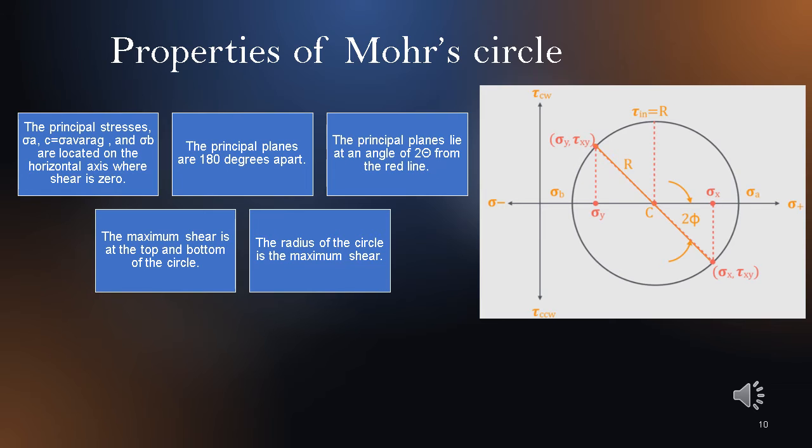We can observe it in the line formed by the point sigma y and tau xy and the point sigma x and tau xy with the line of the horizontal axis. The maximum shear is at the top and the bottom of the circle, and the radius of the circle is the maximum shear. In the image, we have tau equal r.